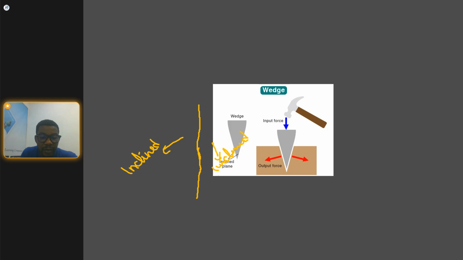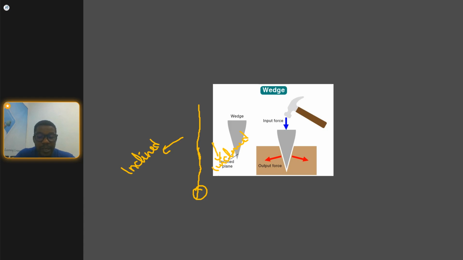All right. Now this is the wedge. How it looks like: it has a sharp edge, which is this point. And that is why it is mostly used to actually divide or separate a particular object. And the example that was cited the other time was a timber.